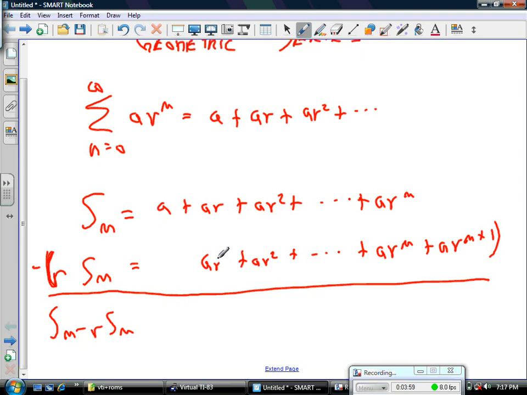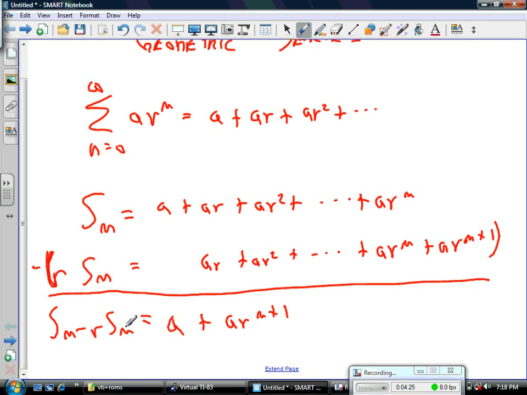Ar minus ar? Poof, 0. Ar squared minus ar squared, ar cubed minus ar cubed, ar to the n minus ar to the n, all cancel out. What's left after you cancel everything out? A, minus ar to the n plus 1.